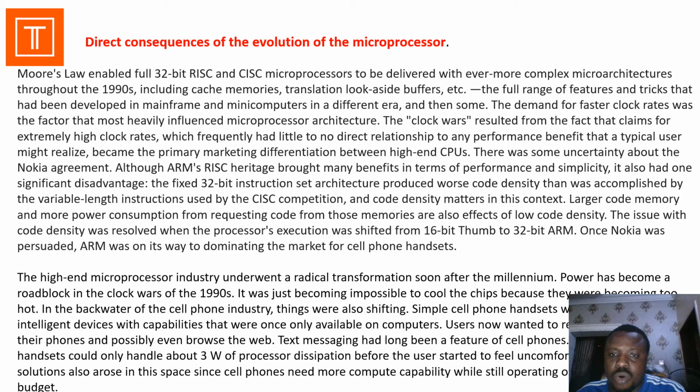The clock war resulted from the claim for extremely high clock rates, which frequently had little direct relationship to any performance benefit that a typical user may realize, but became the primary market difference between high-end CPUs. Power became a roadblock in the clock war of the 90s.